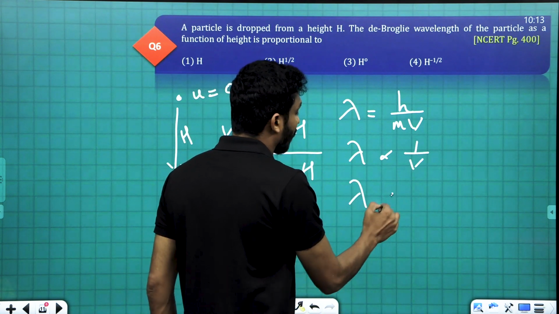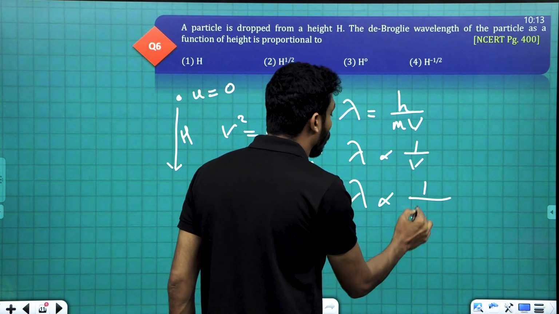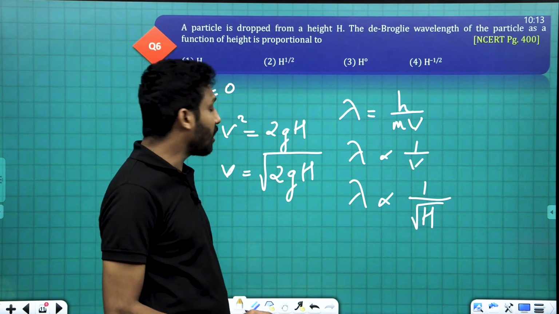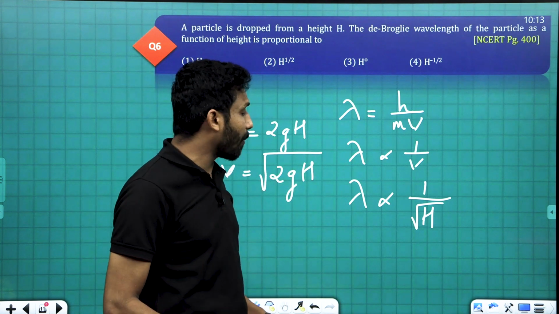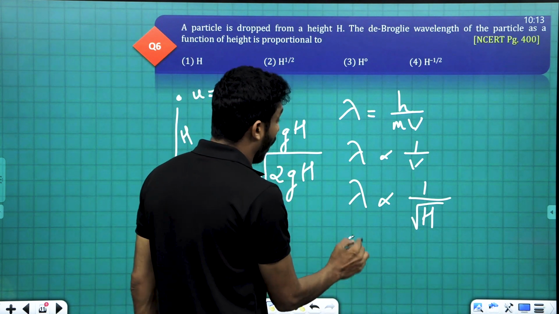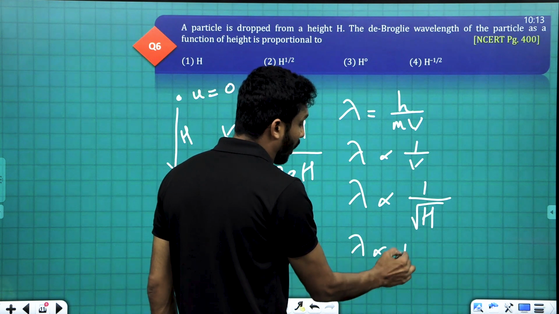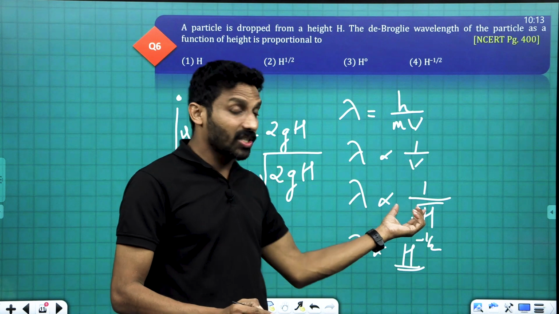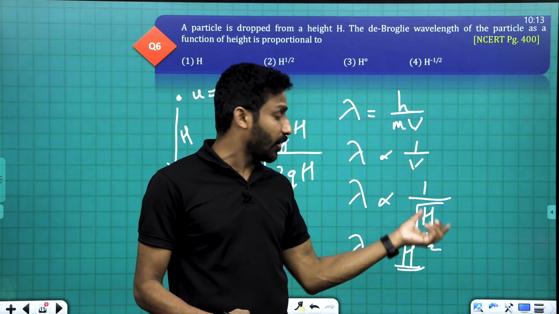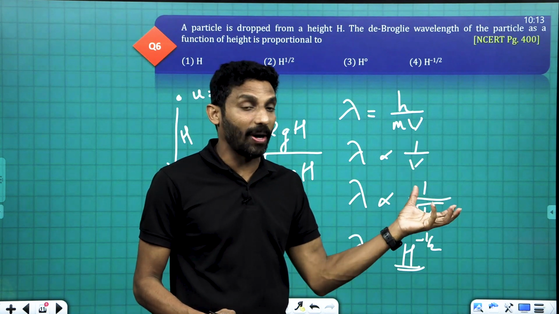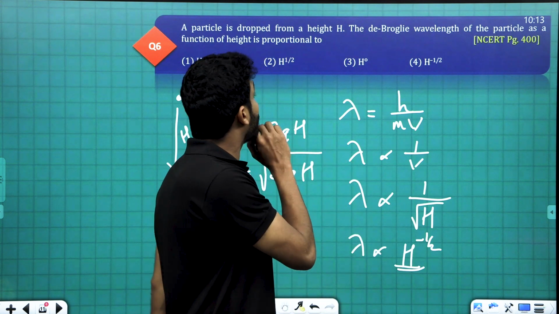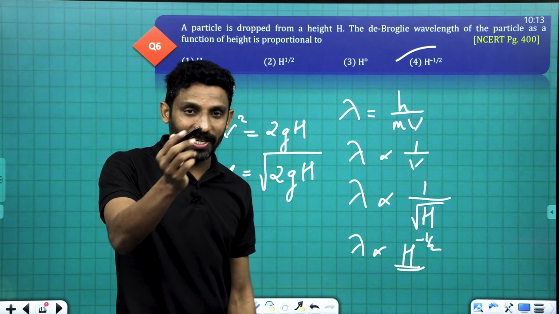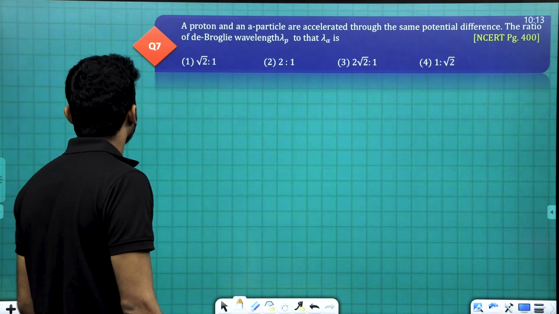Which means the wavelength is inversely proportional to root h, since speed is proportional to root h. So lambda is proportional to h raised to minus half, isn't it? Root h is h raised to half in the denominator; to the numerator the power becomes negative. h raised to minus half is option 4. Very easy question. The next one.